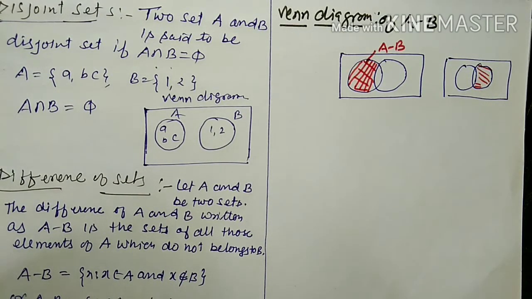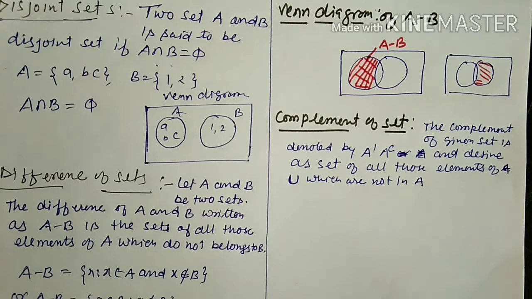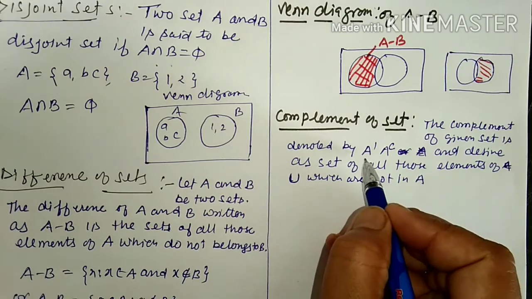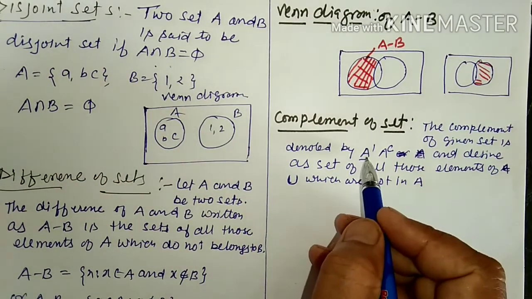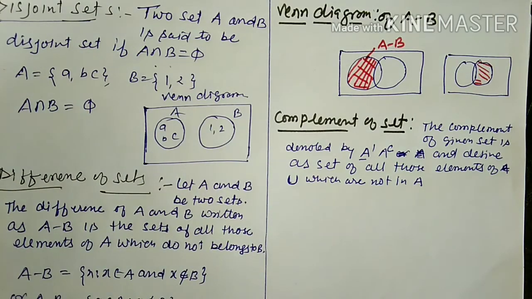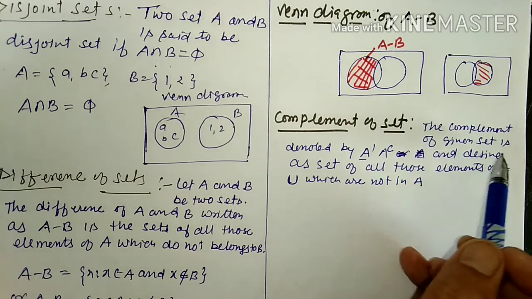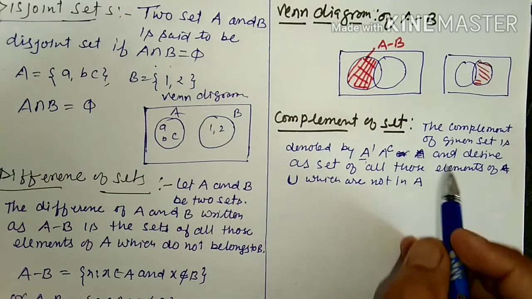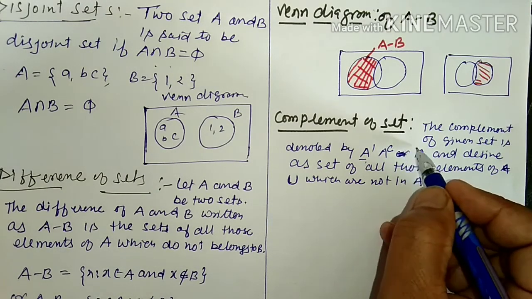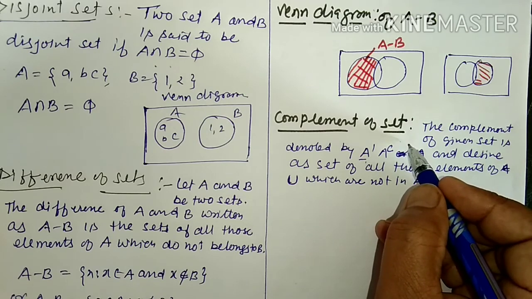Now the complement of a set. The complement of a set means the complement of a given set. Suppose that we have to find the complement of A. Clear? So the set A is a subset of the universal set. Clear? We know that every set is a subset of the universal set. So we are finding the complement of A. It is denoted by A dash, A complement, and also we can write it as U minus A. Clear?